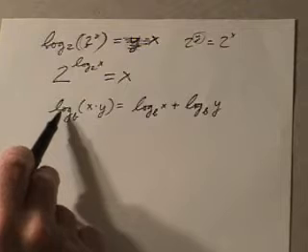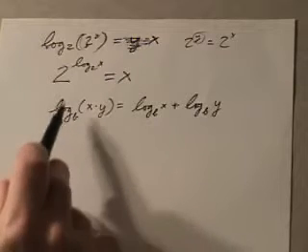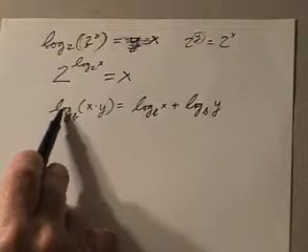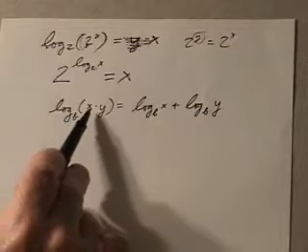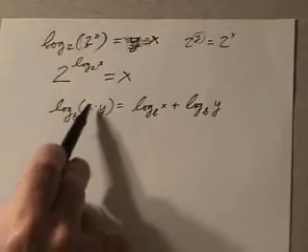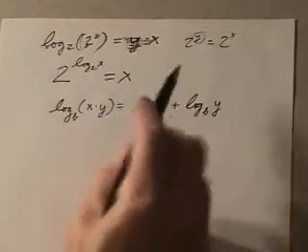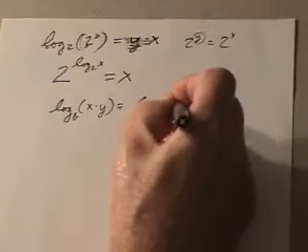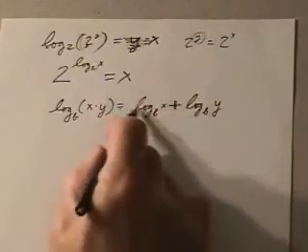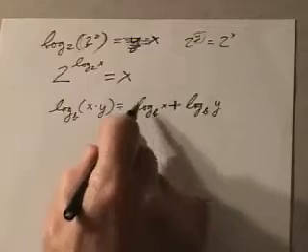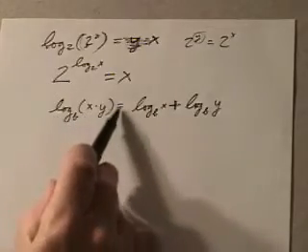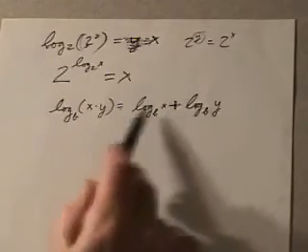If you read it in English, it's really nice. It says the exponent, base b, that you get for a product is the sum of the logs, the exponents. The exponent of a product is the sum of the exponents.